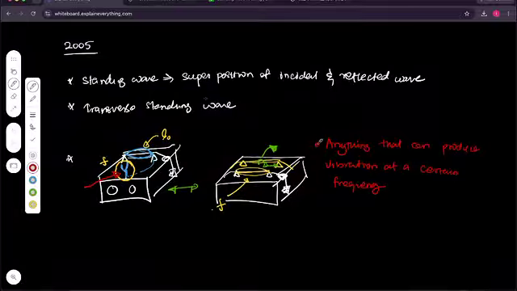Okay, we need anything that can produce a vibration at a certain frequency. In that case, the remaining rest of the experiment is the same.